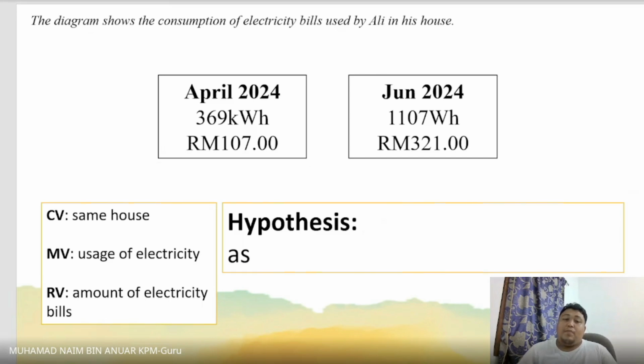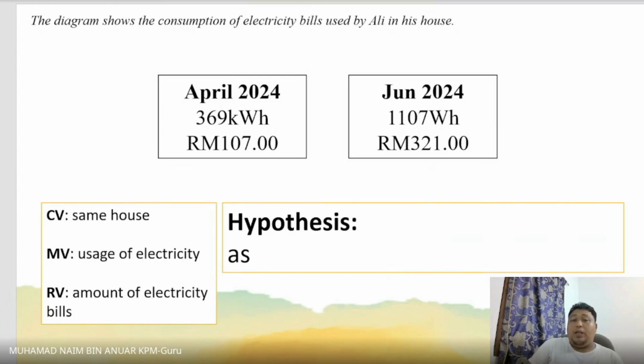Now, in April 2024, Ali used 369 kilowatts, and it only cost Ali 107 ringgit.